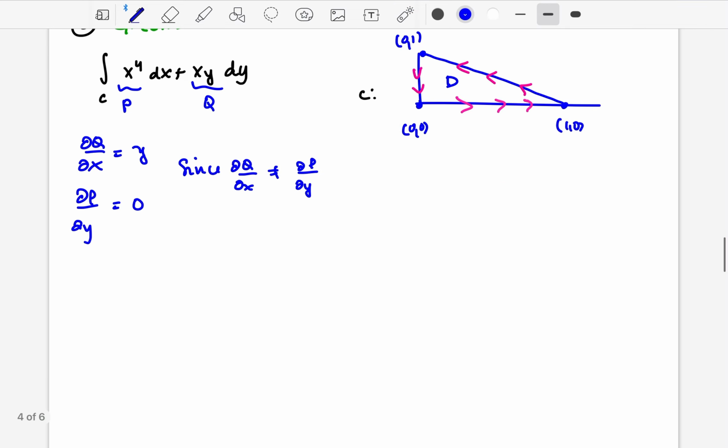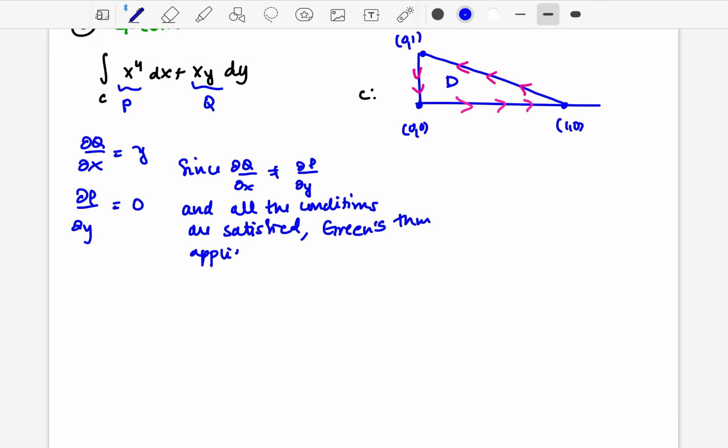Since the circulation is not 0, and everything else, all the conditions are satisfied, Green's theorem applies.